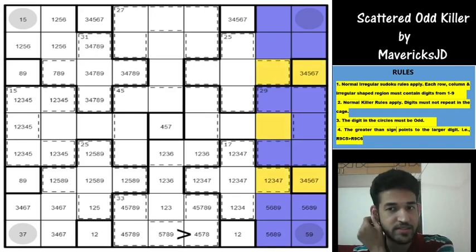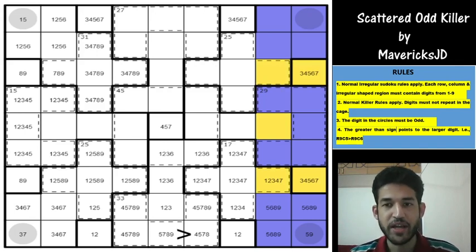So the yellow cells will take digits which sum up to 13, right? Because we know that columns 8 and 9 add up to 90, and the blue cells add up to 77. We just saw 28 plus 29 plus 20, and which means that the yellow cells add up to 13.